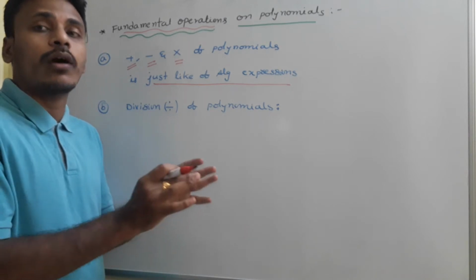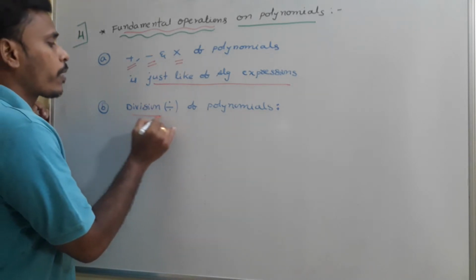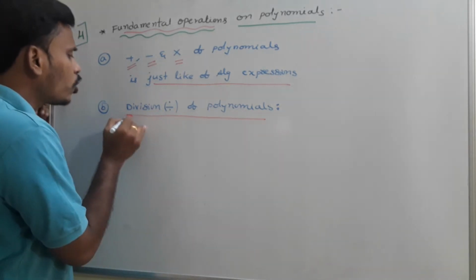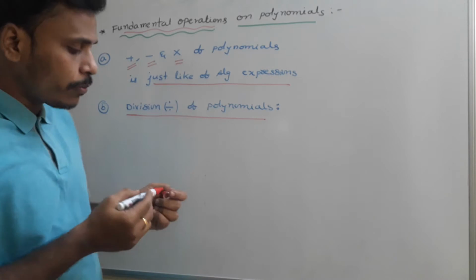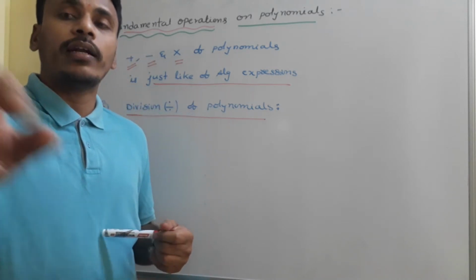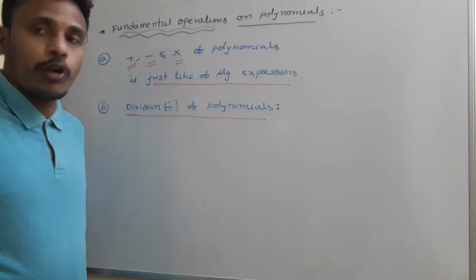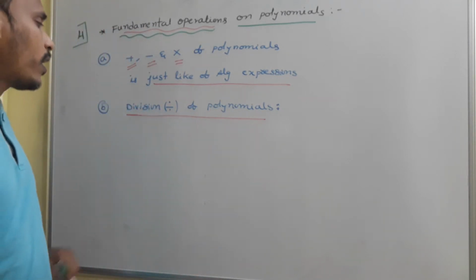But here we need to concentrate much more on division of polynomials. We won't discuss division of general algebraic expressions, so we need to concentrate on division of polynomials. Basically, what is division?